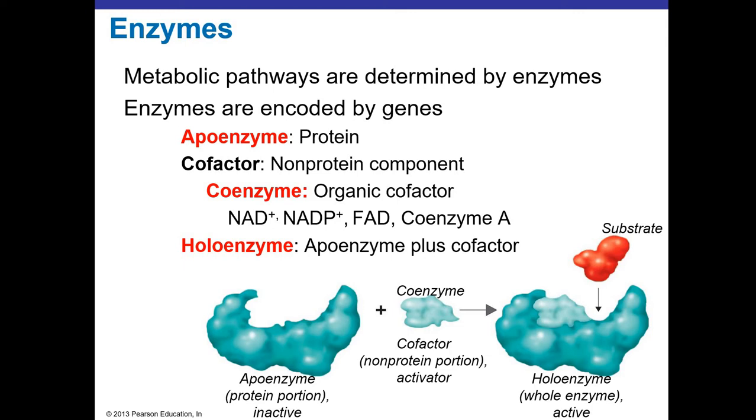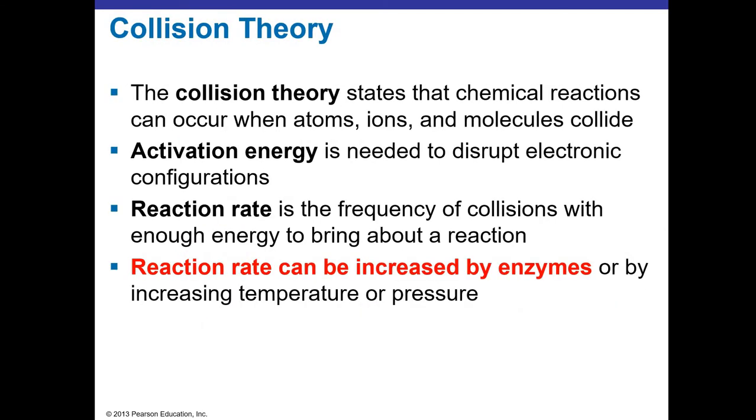Cofactors are non-protein components, whereas coenzymes are organic cofactors. So we're going to focus on some important coenzymes, as I said before, NAD positive, FAD, and coenzyme A. The holoenzyme then is going to be the apoenzyme plus the cofactor or coenzyme as needed.